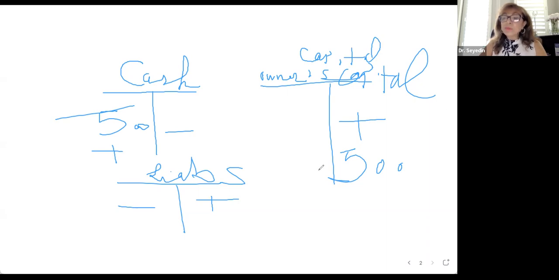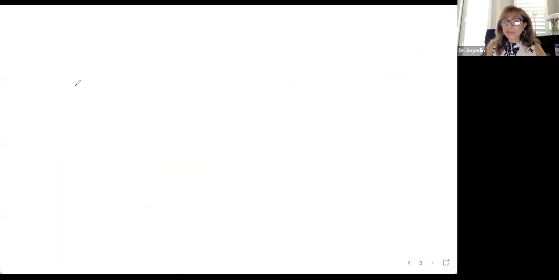Now, remember owner's capital had one account by the name of drawings, owner's drawing. Owner's drawing acts like an asset, even though it's not an asset. Increase is shown on the left side, which we decided to call the debit side, decrease on the credit side, which is the right side.